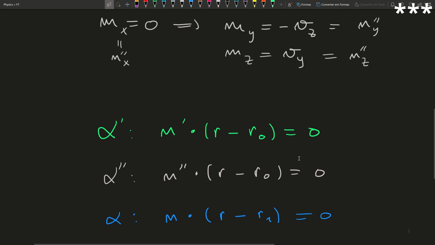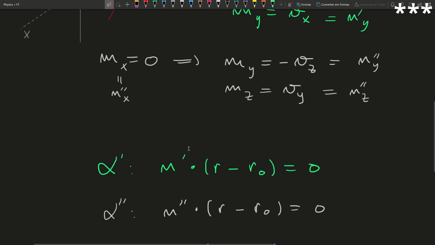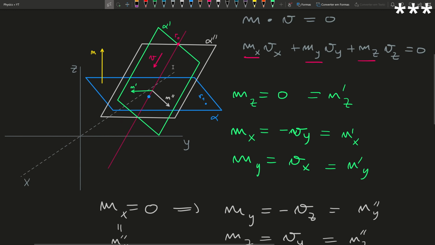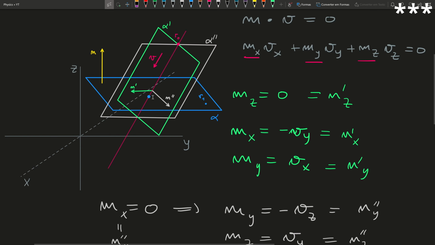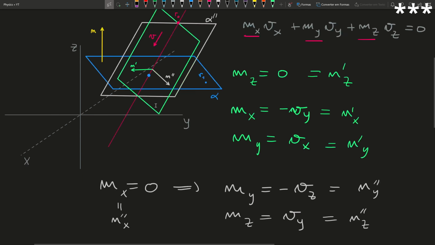And finally, we arrived at a system of three equations in three unknowns, the unknowns being the three components of the vector r. This system represents the intersection of these three planes, and the solution r are the coordinates of exactly this point.